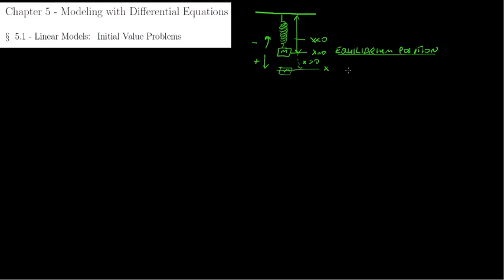Right, so we're using x instead of y. Another issue is that the displacement will be x as a function of time, even though this is vertical, so you might be tempted to use y. We're using x. And in fact, it really doesn't matter if you just have a wall here and you attach a spring horizontally to a mass.